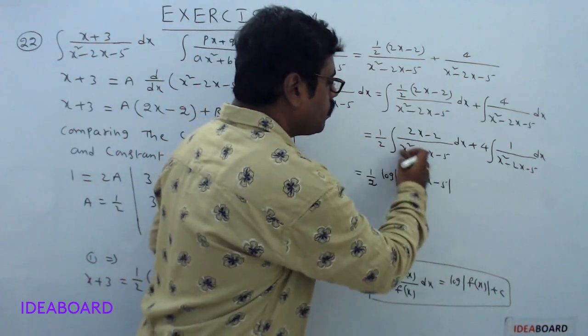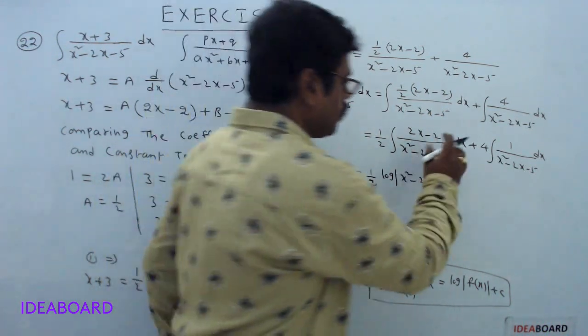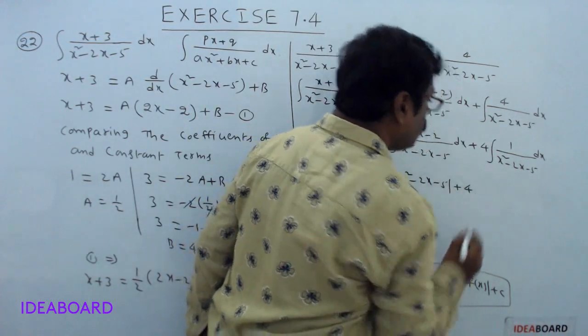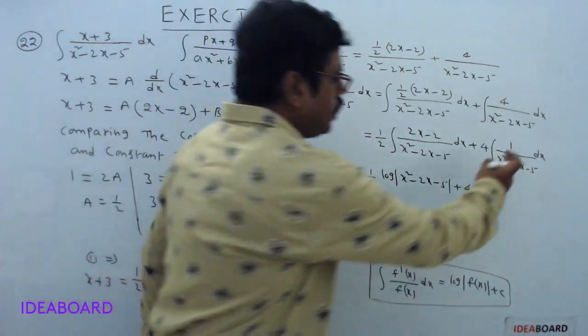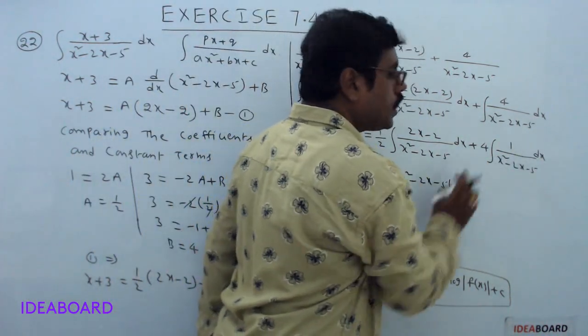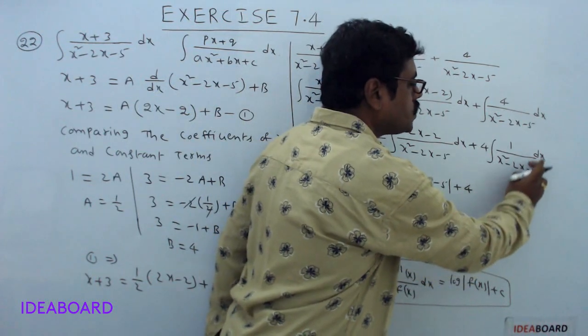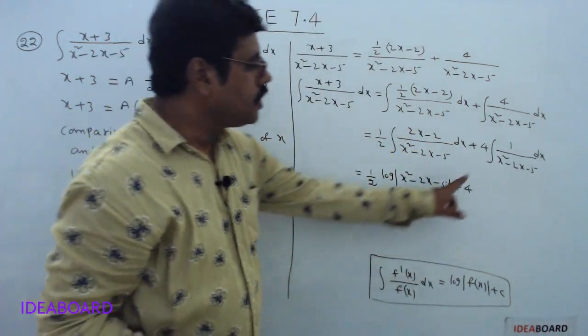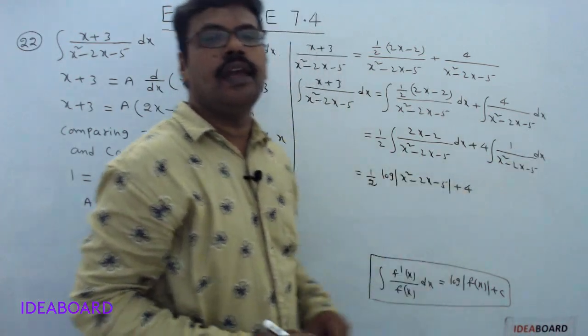Log|denominator|, that is x² − 2x − 5, plus 4 into, if you look at the second term, it is of the form ∫ 1/(ax² + bx + c) dx.